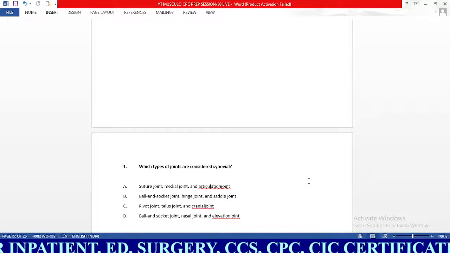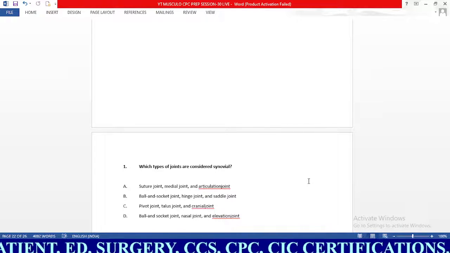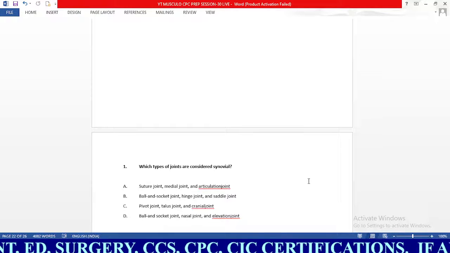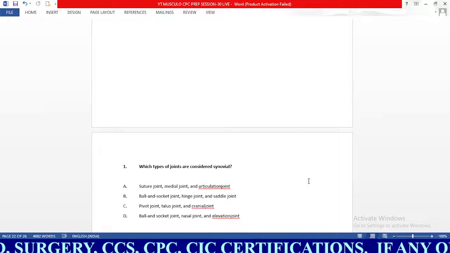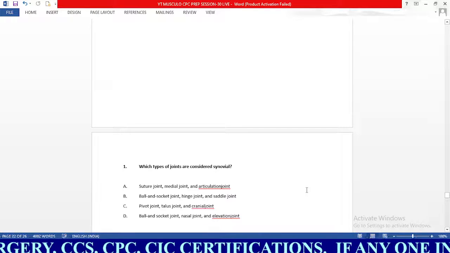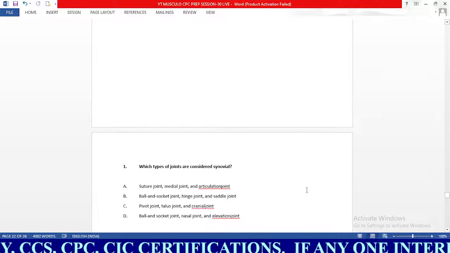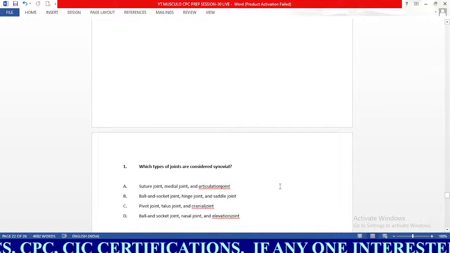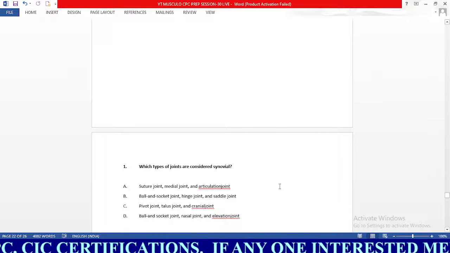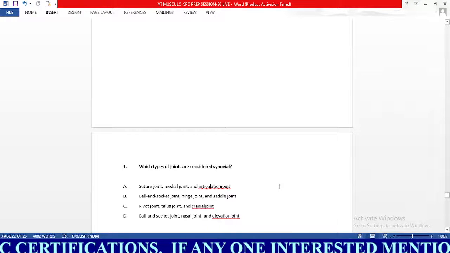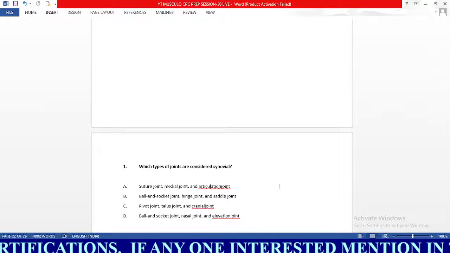Okay. So we will discuss the answer now. Which types of joints are considered synovial? Whenever we see synovial, we need to think that this question is related to synovial fluid. So what is synovial fluid?